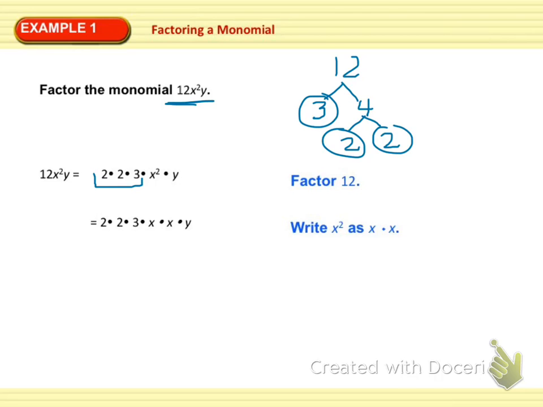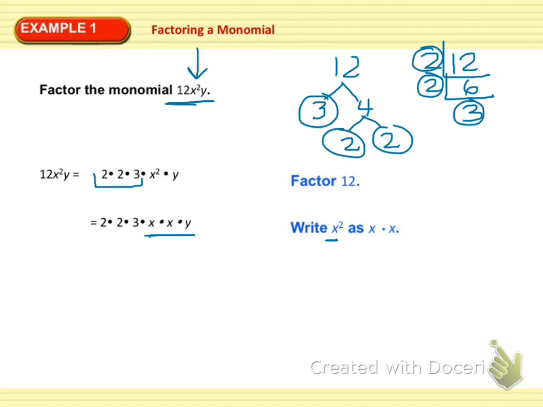If you like that ladder method that we were using before, you could still do that instead of a factor tree. I always start with the smallest prime number, which is 2, and I divide, then the numbers outside are my prime factor pieces that make up 12. Then I have my variable part of that monomial: x squared times y, except x squared has an exponent. So we basically want to take away the exponents and write the repeated factors.